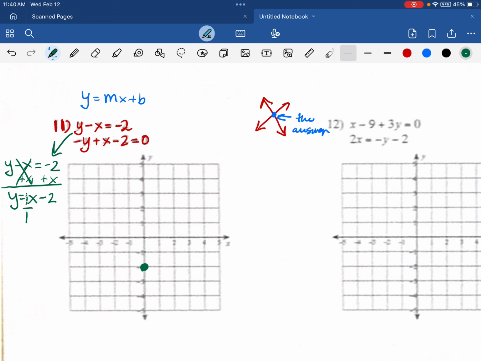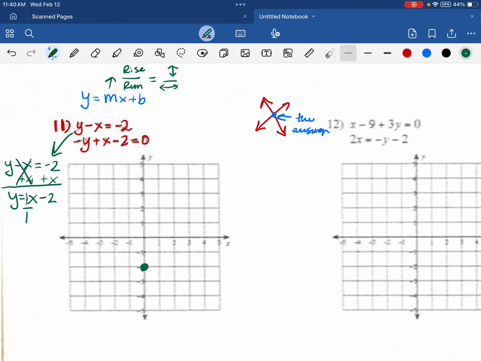Remember, slope is the same as rise over run, which is how far up and down you're going over how far right and left you're going. Since on top it's positive, I'll be going up 1, and on bottom it's positive, so I'll be going right 1.